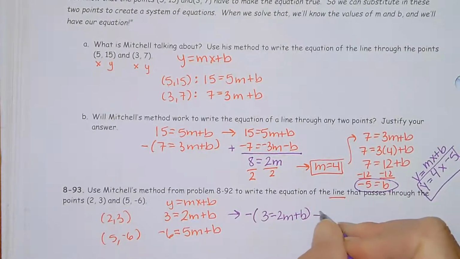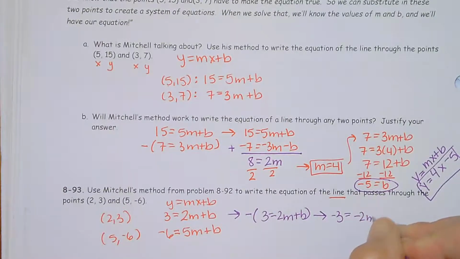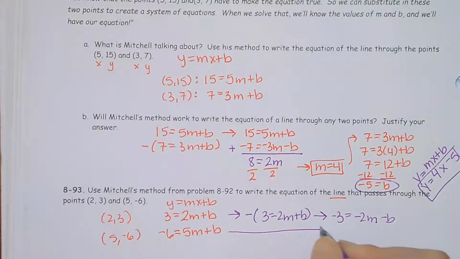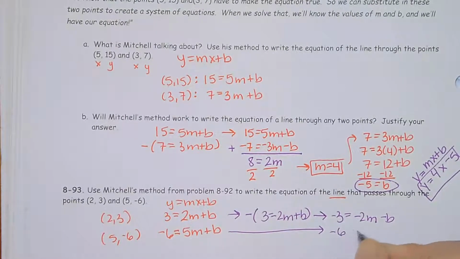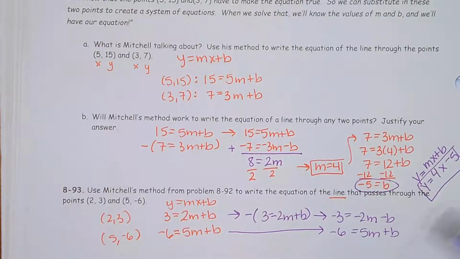Okay, so when I multiply that top one by a negative, I get -3 is equal to -2m minus b. And this one I'm just going to rewrite. -6 is equal to 5m plus b. And again, my b's are going to be able to cancel out.